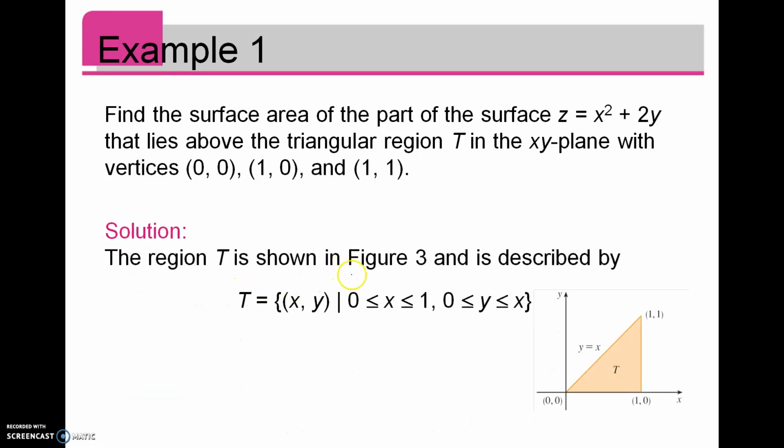Alright, so this is nice. The slide shows us the picture of it, and we have a region T shown here. This is figure 3 in the book, and we've defined that region here. So x is defined between 0 and 1, and y is bounded by 0 to x.